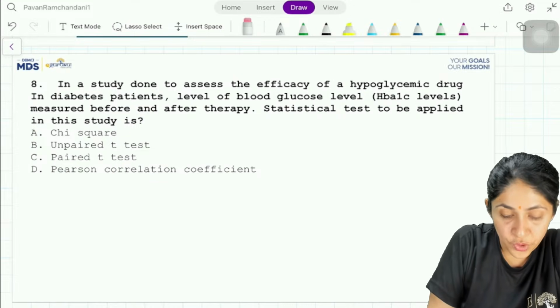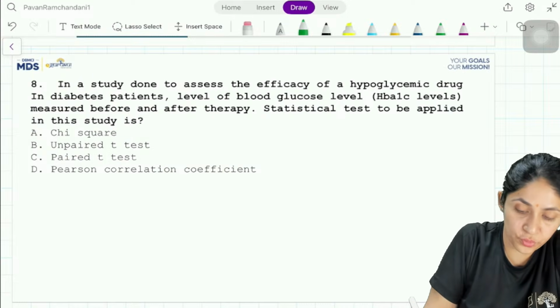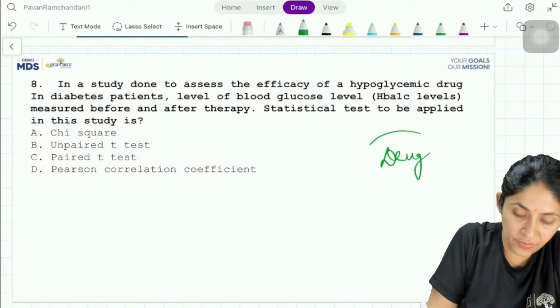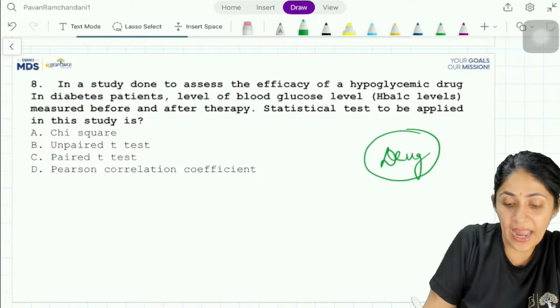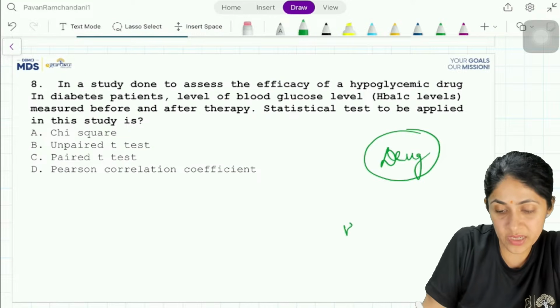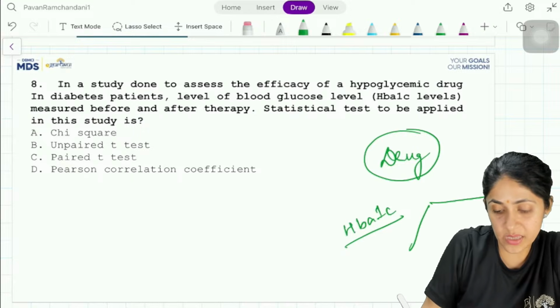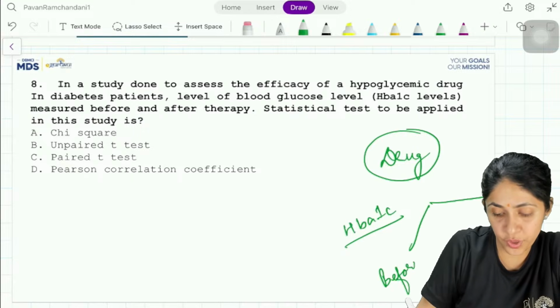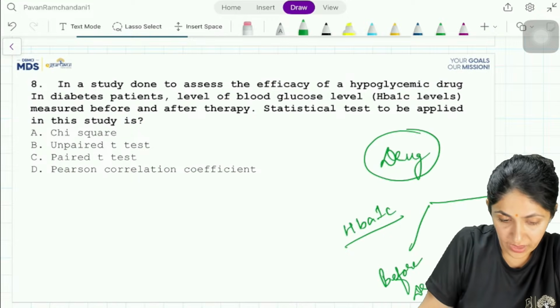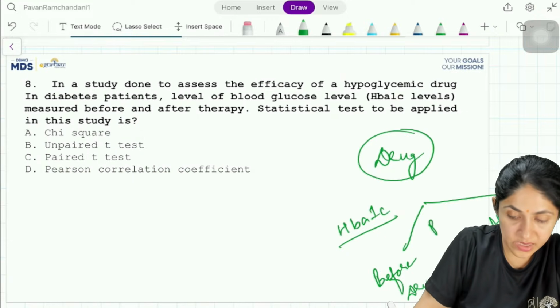You are assessing the HbA1c level before you gave the drug and after you gave the drug. The patient is the same.